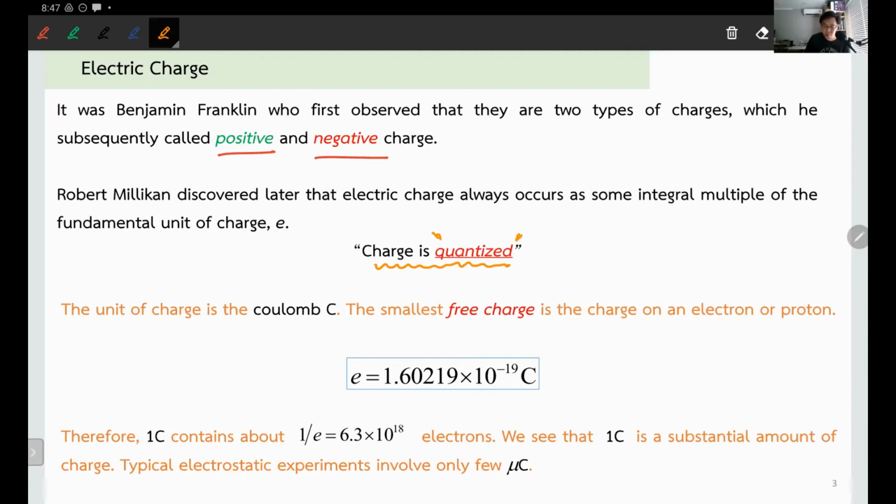I don't know if you have heard of this word, but you probably have heard of quantum physics. Quantized, quantum, quanta, these words are trying to say that nature has something that is discrete. Discrete means it comes in steps. What does it mean? It means you might ask, can I have some charge with this much of charge?